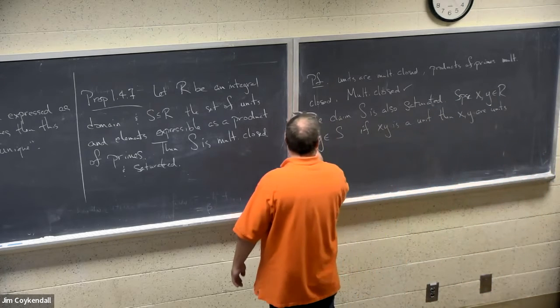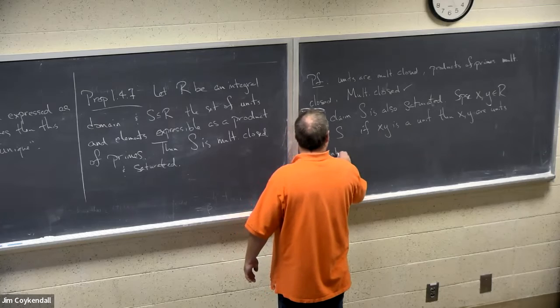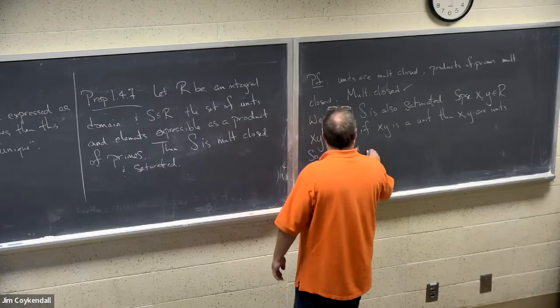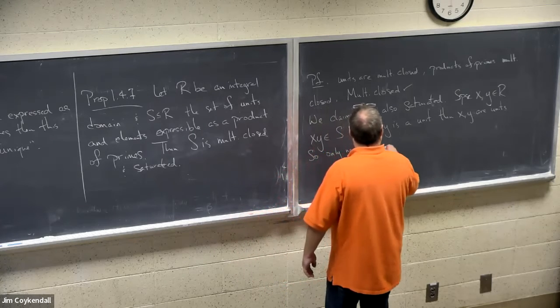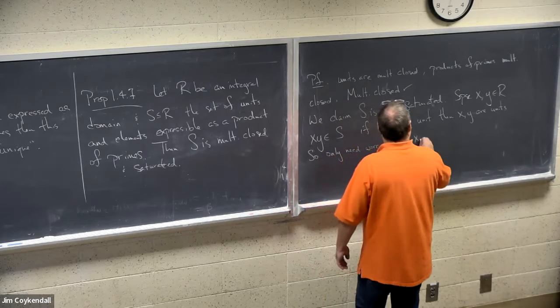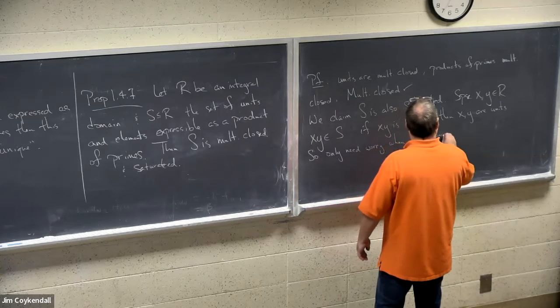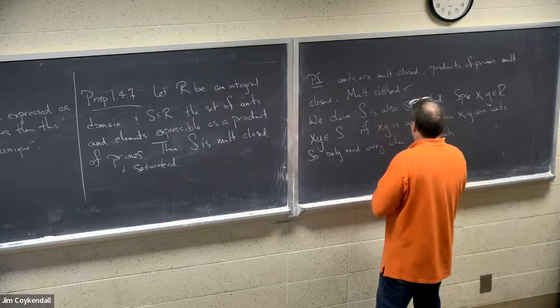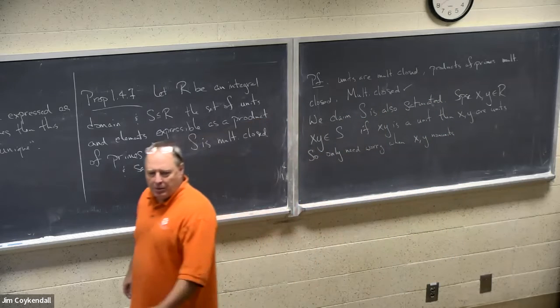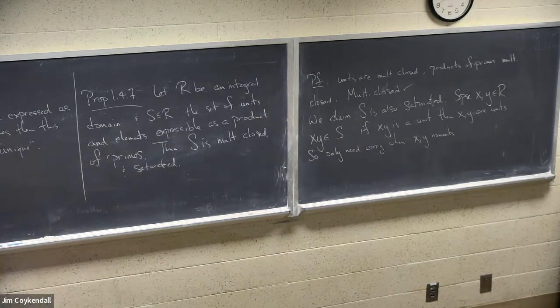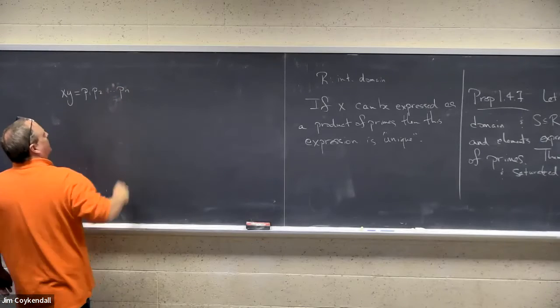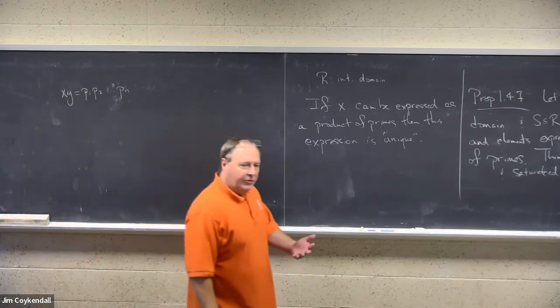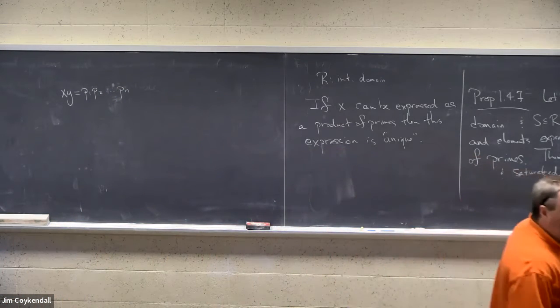So I only need to worry when X and Y are non-units. I can assume without too much difficulty that X and Y are non-units. So suppose that XY equals P1, P2, through Pn. Since X and Y are non-units, I can certainly write it as a product of primes.